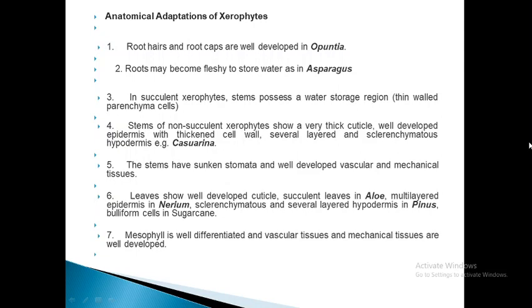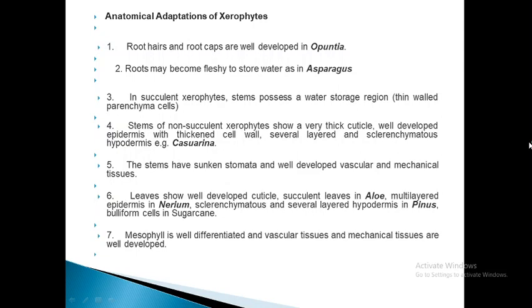Stems of non-succulent xerophytes show a very thick cuticle, and a well-developed epidermis with thickened cell walls, with a several-layered sclerenchymatous hypodermis in Casuarina. The stems have sunken stomata and well-developed vascular and mechanical tissues.